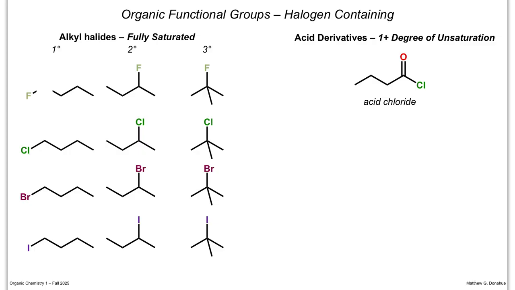So some mechanisms only go through primary, some only go through tertiary. And so by knowing that, you know which mechanism it's going to be, and then you can predict out what the product should be. And then we saw the acid chlorides on the oxygen slide.